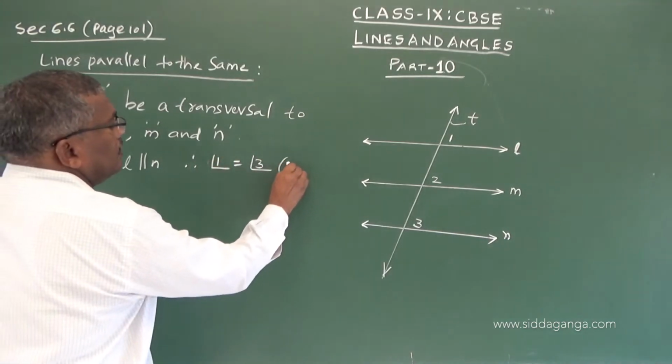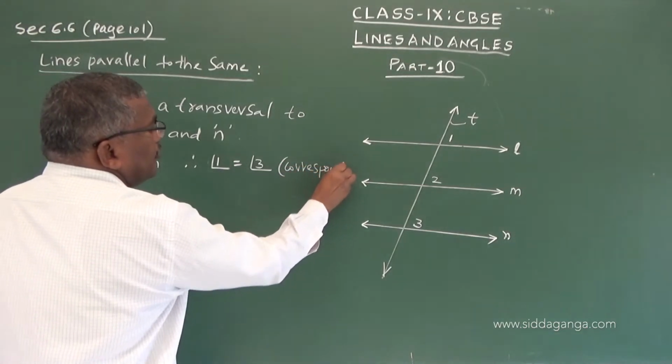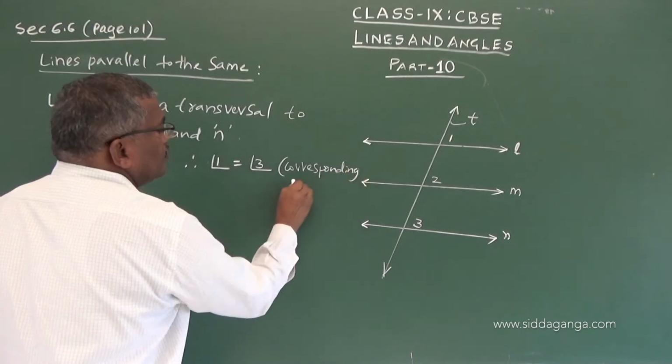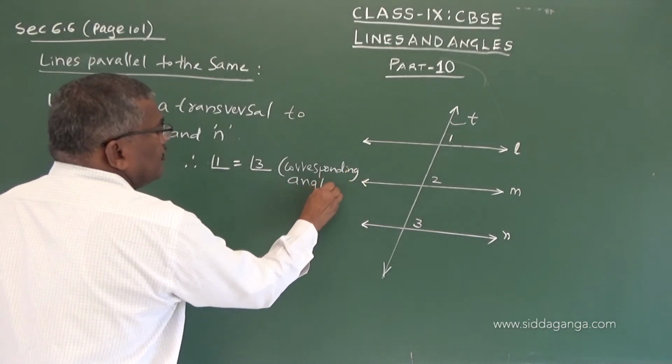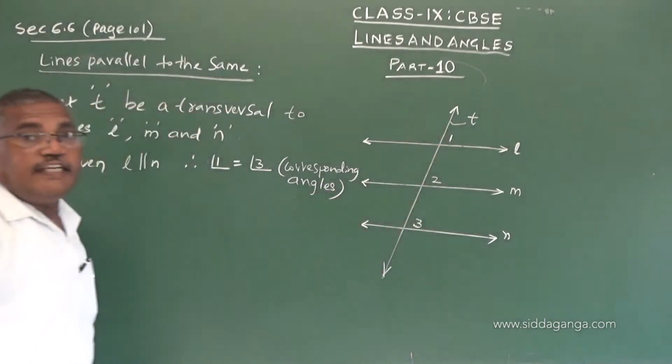These are corresponding angles. So 1 is equal to 3.